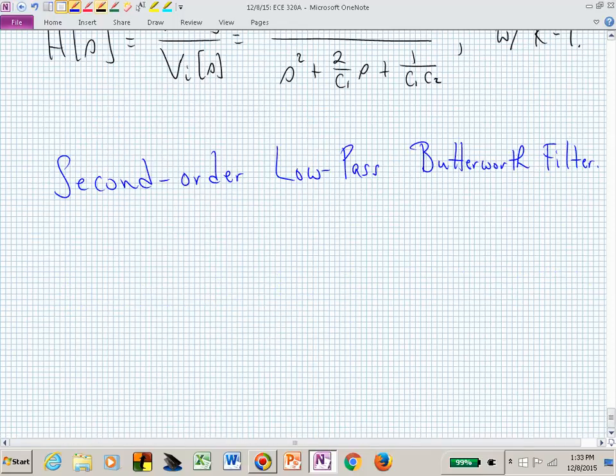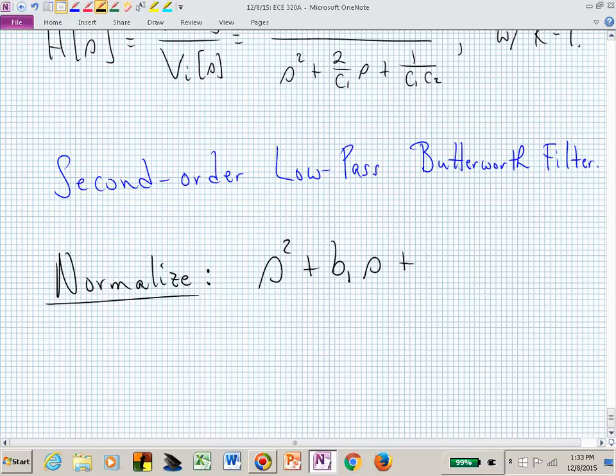Well, if we normalize that transfer function, we could say it's now S squared plus B1S plus 1. We've now made the bandwidth 1 by setting that constant equal to 1.